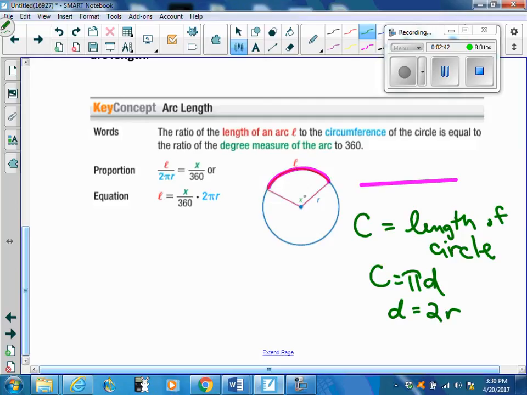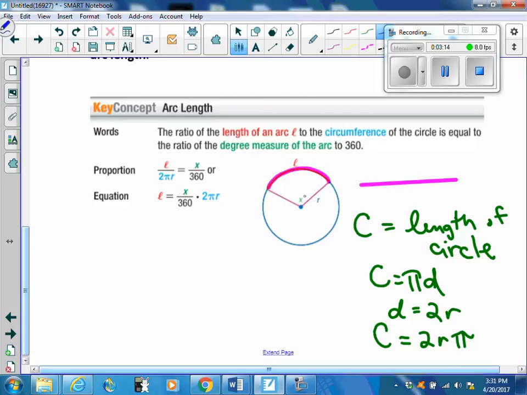And so I could adjust my circumference to be 2r times pi, and that would give me the whole circle. Well, an arc is only a part of the circle, so I want a part of that circumference. And that's where the 360 comes in, and finding out what fraction of the circle is marked off by the arc.